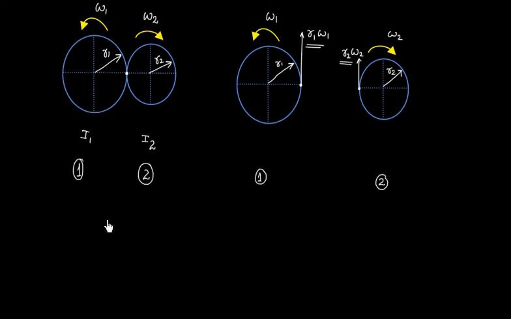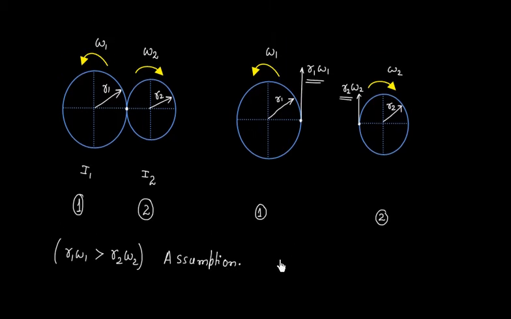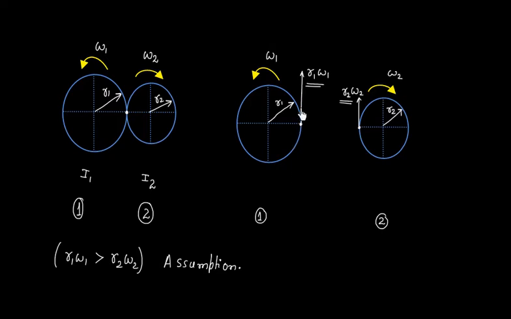For example, let us say r1 omega 1 is greater than r2 omega 2. So we are making this as an assumption. This means this point has more velocity compared to this point. So I can say cylinder 1 is slipping over cylinder 2.